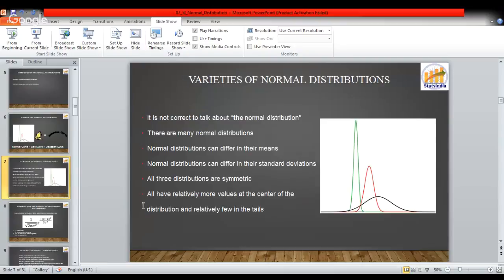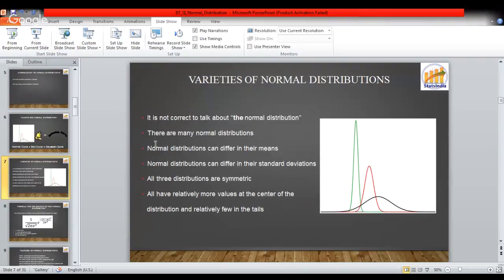There are varieties of normal distribution. For each variable, if you draw its histogram and draw a freehand curve, you will find different shapes. All shapes are approximately bell shaped, or like a normal shape, but they are different.